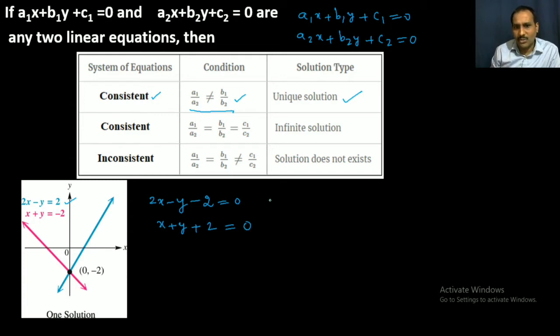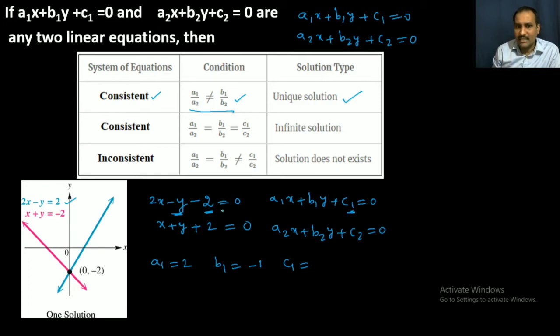Now compare these two equations with a1x plus b1y plus c1 equal to 0 and a2x plus b2y plus c2 equal to 0. So a1 is 2, b1 is minus 1, c1 is minus 2. And a2 is 1, b2 is again 1, c2 is 2.